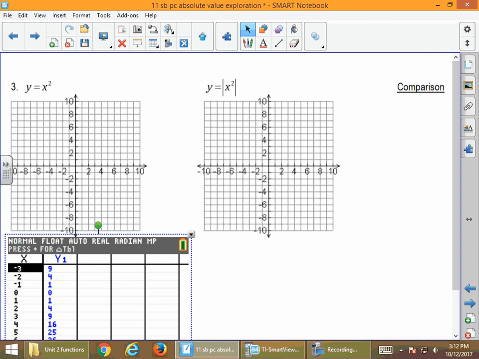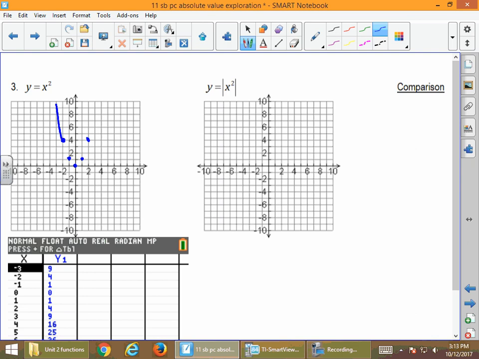And here's our table. But realistically, what we're drawing is 0, 0, 1, 1, 2, 4, -1, 1, and -2, 4. So there's our quadratic graph. And the question now is, what's going to happen to this graph when we take the absolute value of the function?